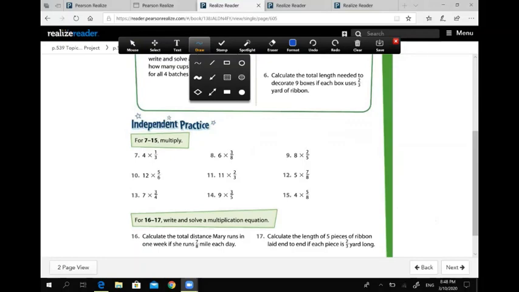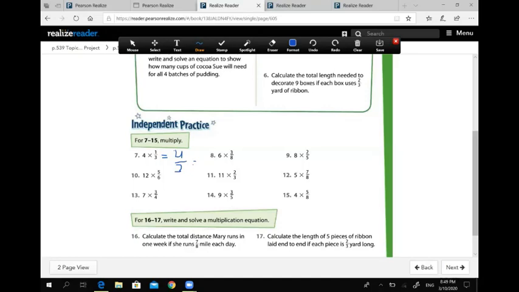4 times 1 over 3 will give me 4 over 3. 4 over 3, as we know, is 3 over 3 plus 1 over 3. We can decompose it: 3 over 3 plus 1 over 3.